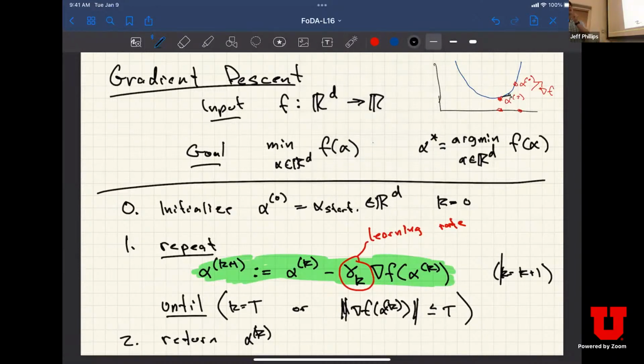Think of it as pointing in a direction, but the magnitude of it tells you how quickly the function is decreasing. And as it flattens out towards the bottom, the gradient gets closer to 0.